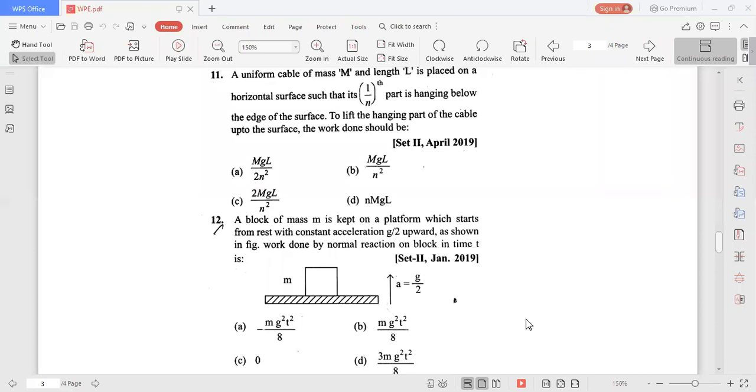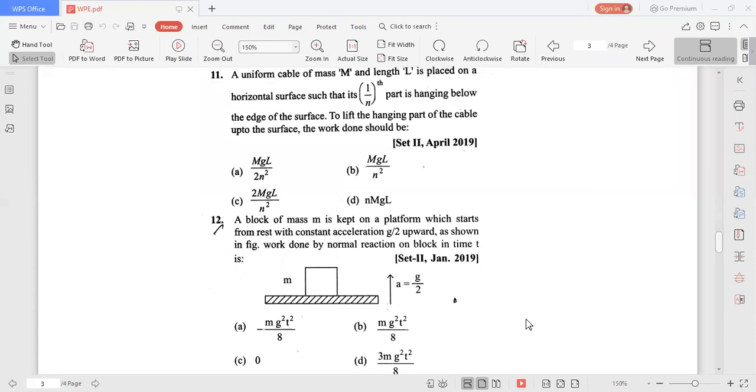So because of the normal reaction, what is the work done? Normal reaction is in the upward direction, and the displacement of the platform or block is also in the upward direction. Therefore, work done by the normal reaction is equal to normal reaction into displacement, as both are in the same direction. Normal reaction is 3mg by 2 into displacement g t square by 4.